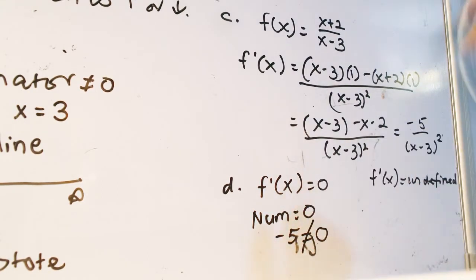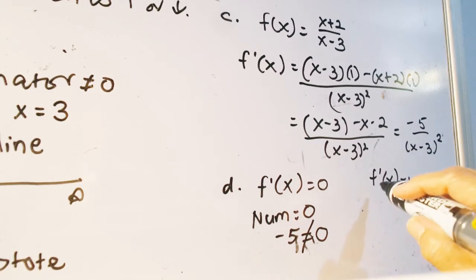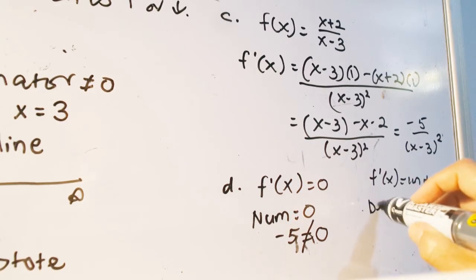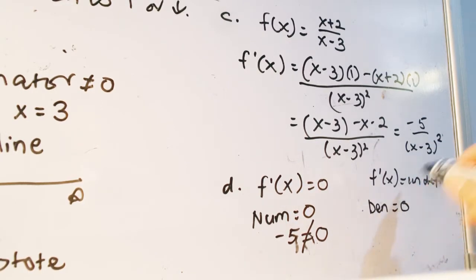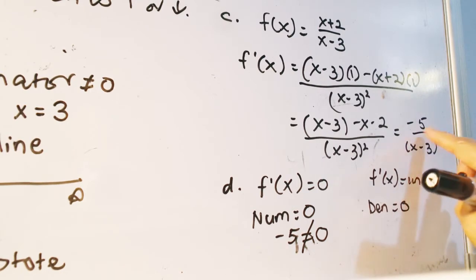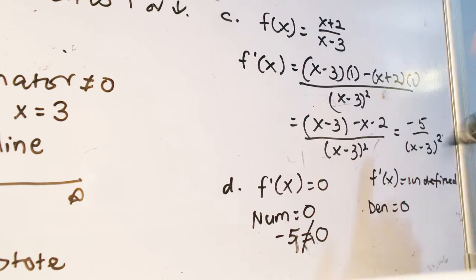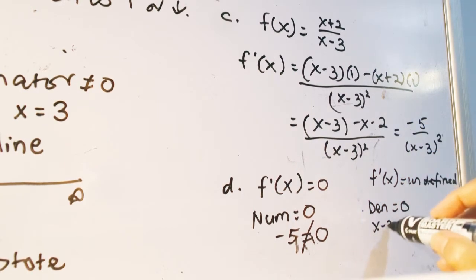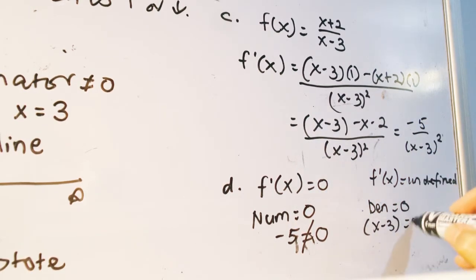So we cannot find any x values that make the slope function 0. Next thing we have to get the denominator, set equals to 0. Don't worry about the square. This whole thing will be 0 when the inside of the bracket is 0. So just bring down the bracket and set equals to 0, for x equals 3.